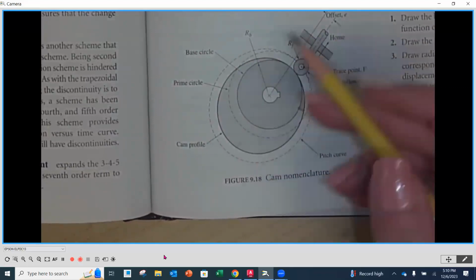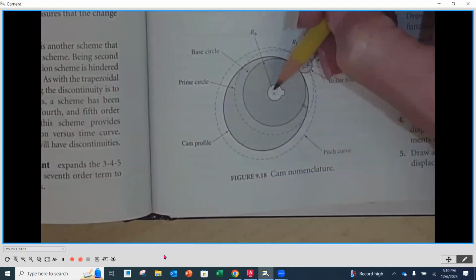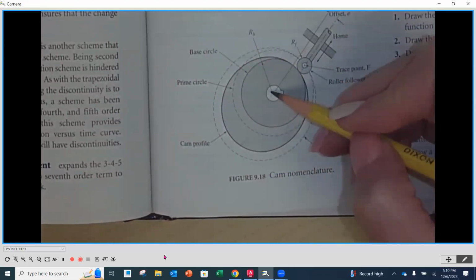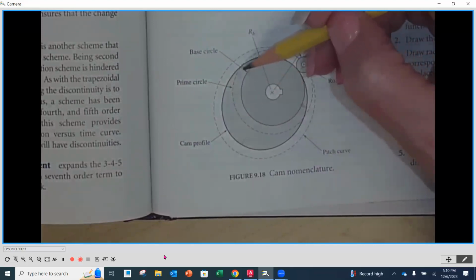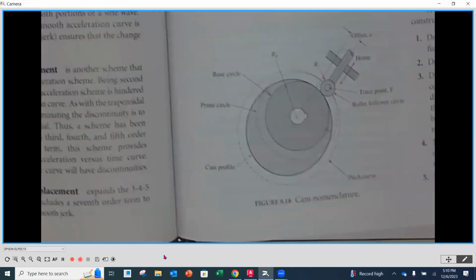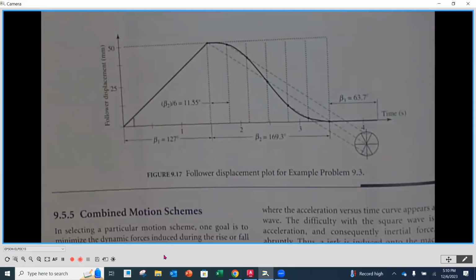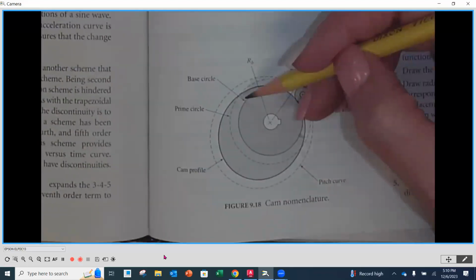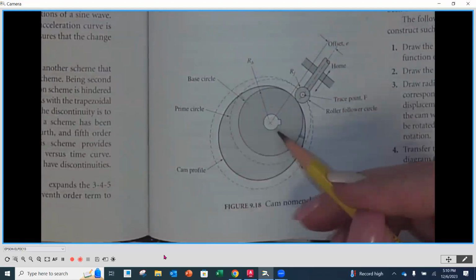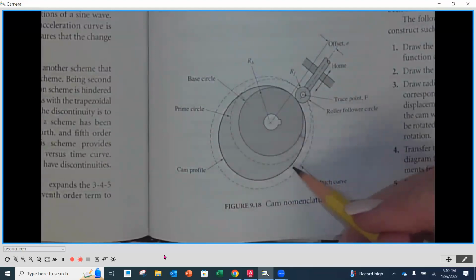So for instance, if this is my home position and I go out 90 degrees, this distance right here would correspond, though it's not to scale here, to the same distance if I would count out 90 degrees on the diagram, and then it would translate over to the corresponding distance for whatever angle we're at.